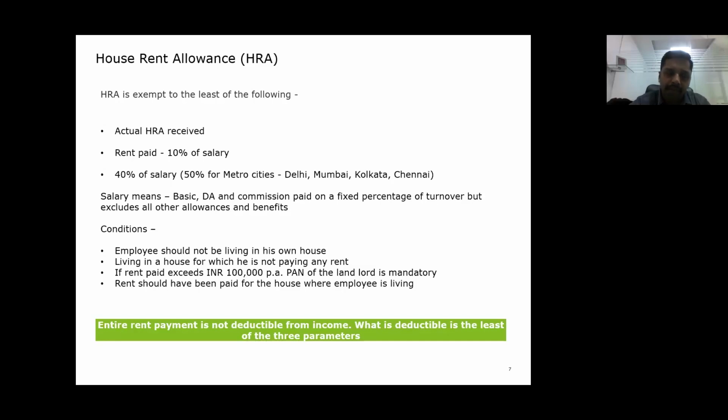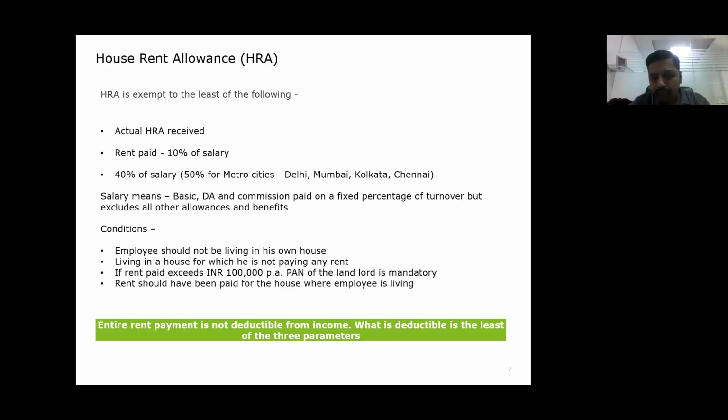One practical aspect which I have seen here is employees will tend to provide wrong PAN numbers just to claim the HRA benefit. As an employer, it is your duty to check whether that PAN actually relates to the owner of the property. You can check this PAN online under the employer login. If you log in, then you can put the PAN and check the name of the person to whom it relates.